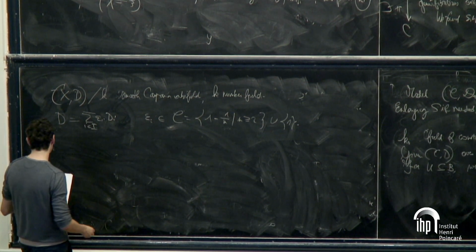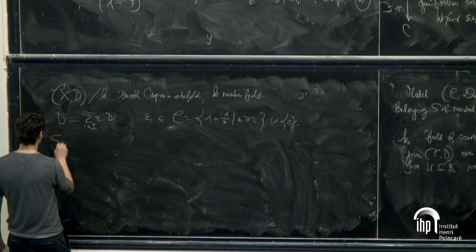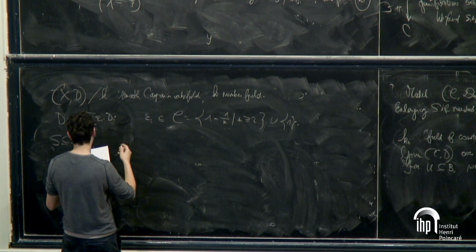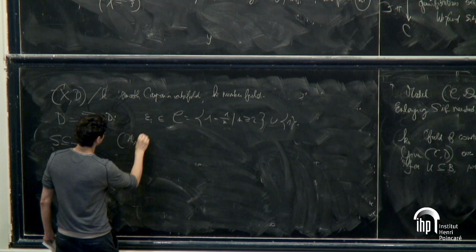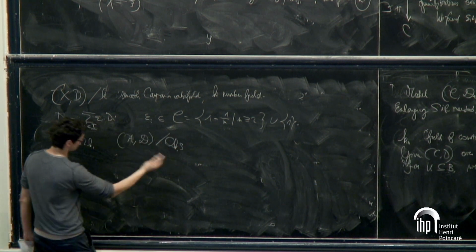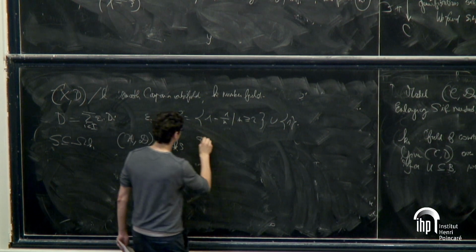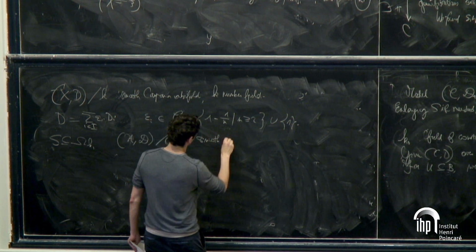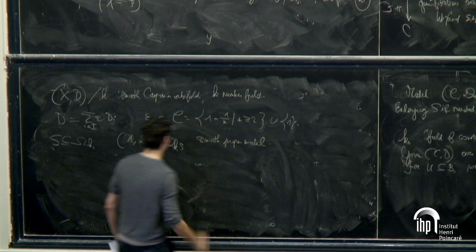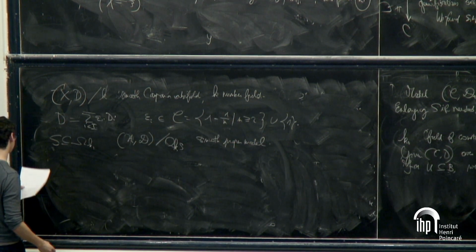So there are two notions. Again, I take some set of primes S such that my pair has good reduction outside of the set, so that I can find a smooth proper model for my pair over O_{K,S}.